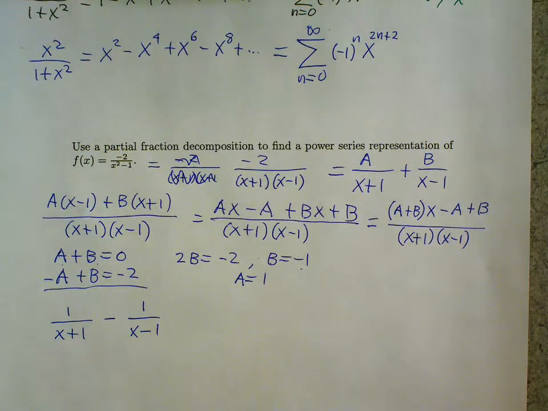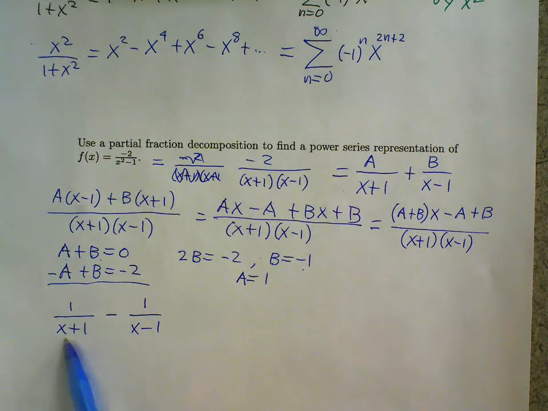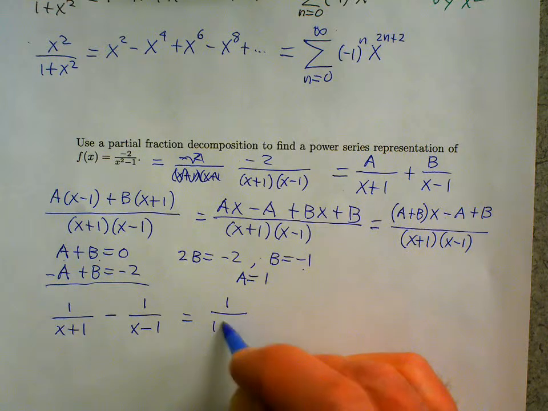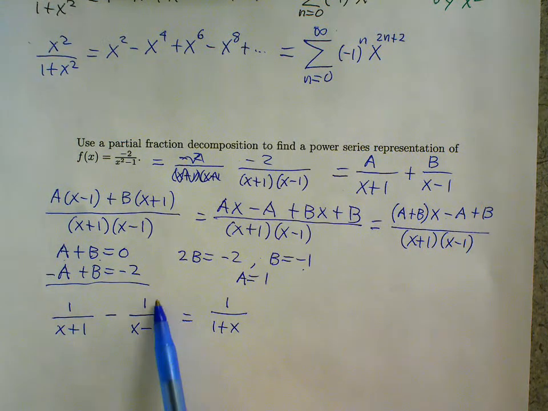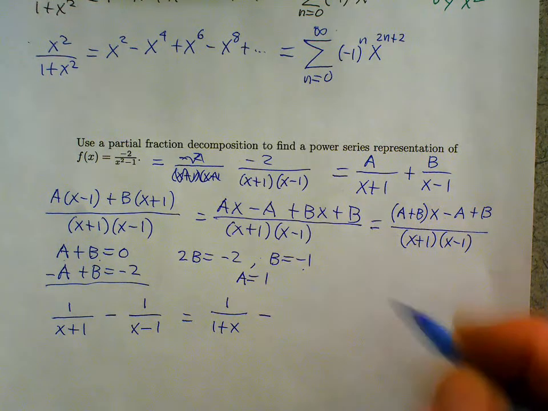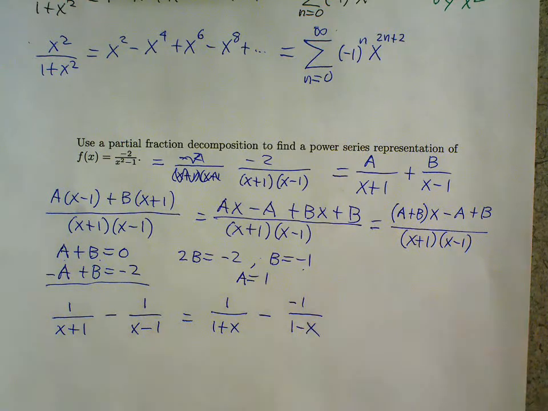All right, we'll do another rearrangement. 1 over x plus 1, think of that as 1 over 1 plus x. And minus 1 over x minus 1, think of that as minus -1 over 1 minus x.